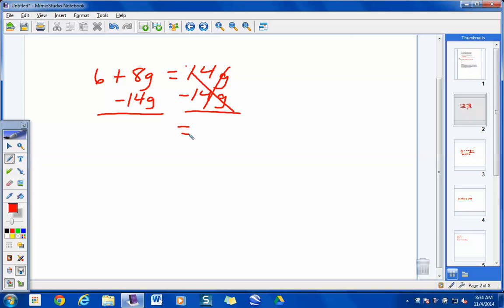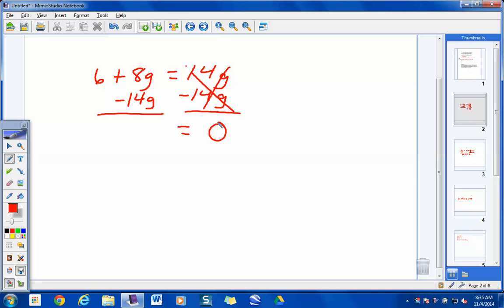But I've got to have something over here to indicate what we're equal to. It just doesn't cancel to invisible. There's got to be some kind of value that represents nothingness. 14g minus 14g is nothing. How do you represent a value of nothing? 0. So you understand why that's 0 on the right?